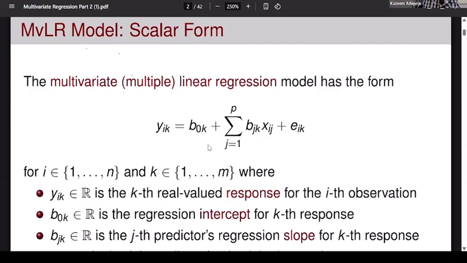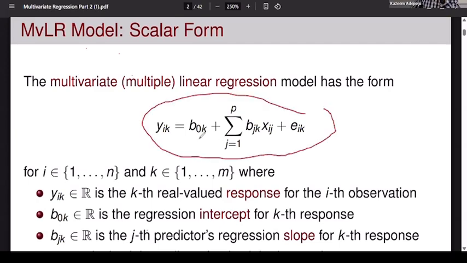Now, when you take a look at it, please pay attention to the model specification. In the model specification, can you see K? That very K implies that we have more than one dependent variable. Does that make sense? We have K in the Y, and we have K in the B0.